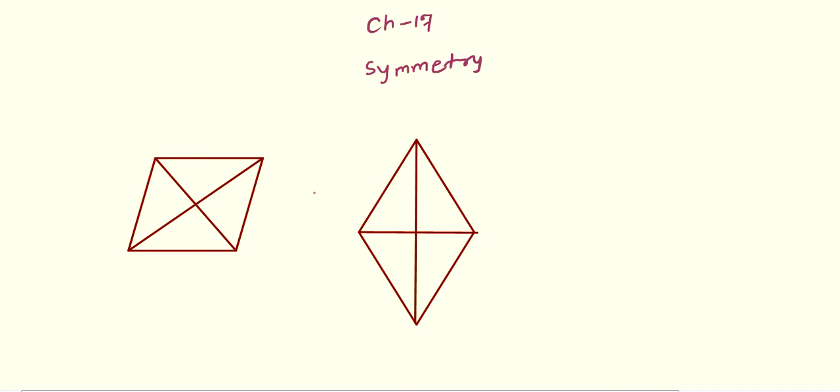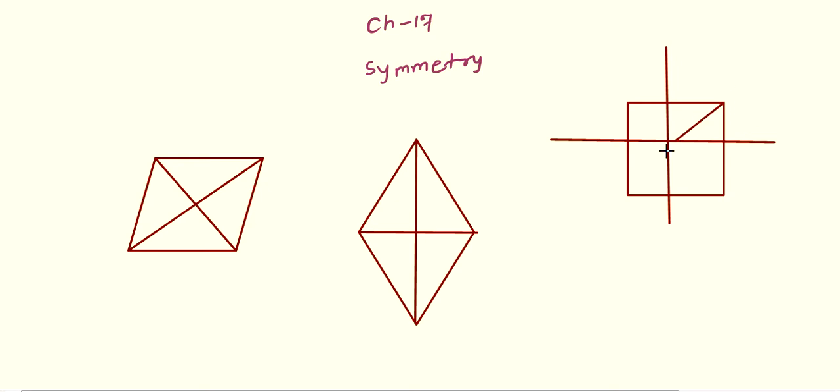Then in square, as you know, square all sides are equal. Okay. And you can apply line of symmetry in square vertically, then horizontally, then diagonally. Okay. So four lines of symmetry are there in a square.